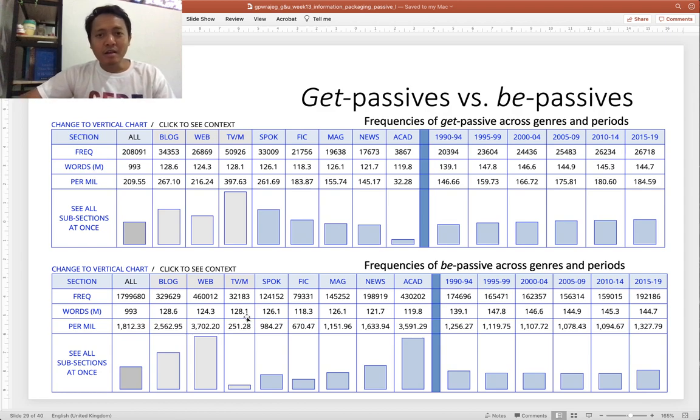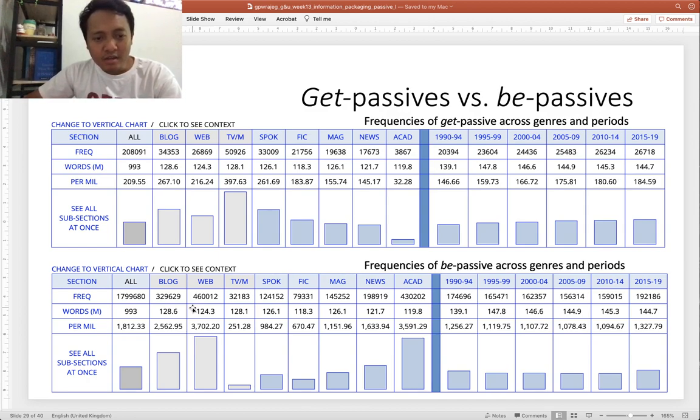Let's see some data of how the get passive and be passive differ in their frequency across different text types in the Corpus of American English. In the next slide, I show how I got into this graph. If we see, the top graph is for the get passive, the lower one is for the be passive.